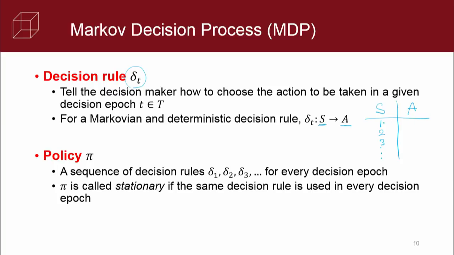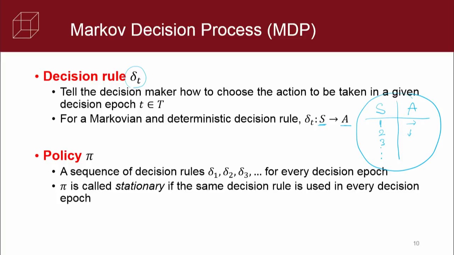Let's say when the state is S, you can choose the action to move to the right. Action 2, let's say the action the decision maker needs to choose should be go down, and so on. So it shows the action you should choose for each state. That is the decision rule. In this case, this table itself is a decision rule.